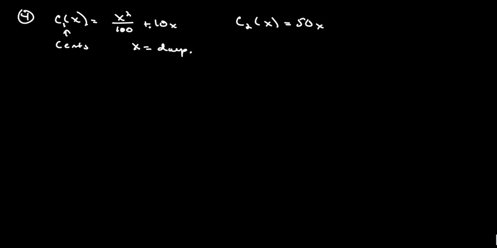So there's a couple ways that we can look at this. Probably one of the easiest ways to do this is to graph this function out. We'll do C1 in blue. So the cost in blue, this is a squared function. At the origin, it looks something like this. This right here is just a linear function for x days.